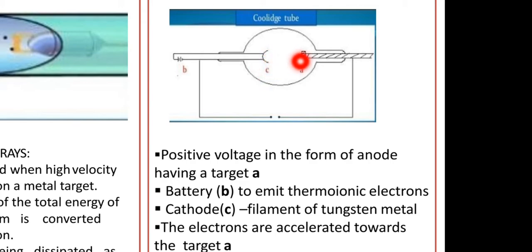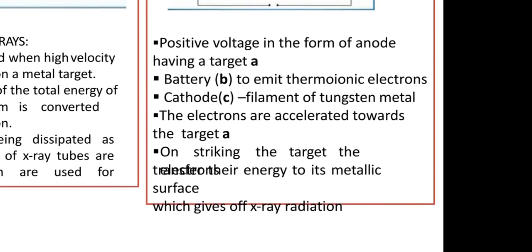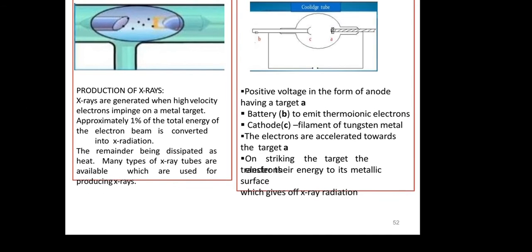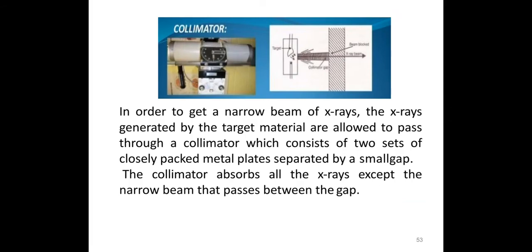They get attracted by the anode plate. On striking the target, the energy of the metallic surface, X-rays are produced.